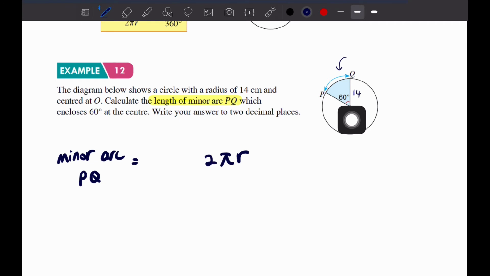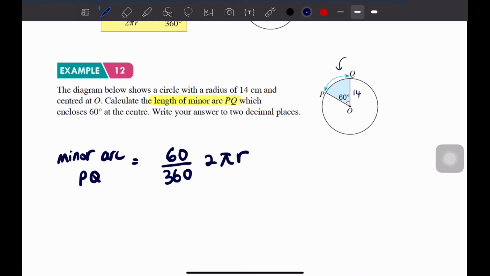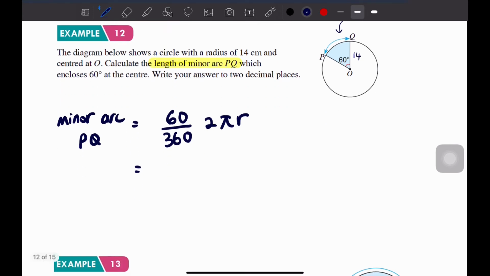If you want to find the length enclosed by the 60 degrees, you must put the angle in front of the formula. So you put 60/360. That's it. Let's plug in the values: 60/360 times 2 times pi.